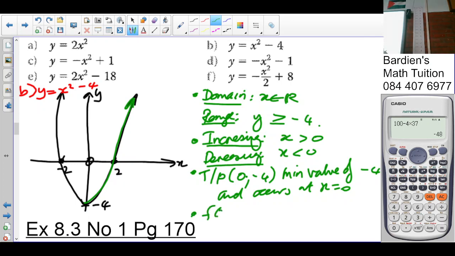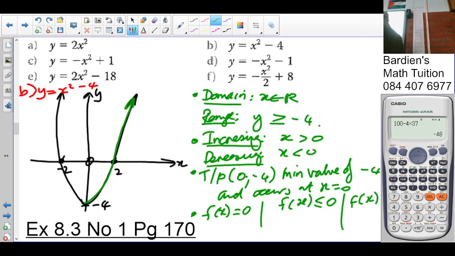Next, f of x equal to 0, f of x less than or equal to 0, and f of x more than 0. Okay.